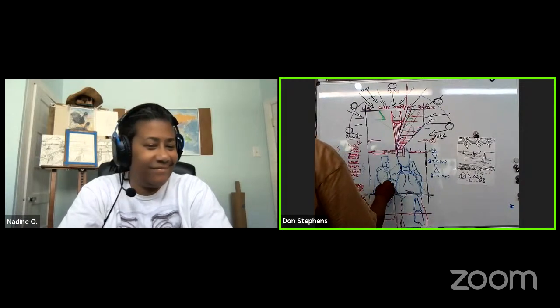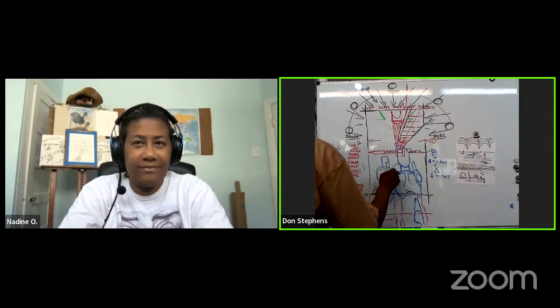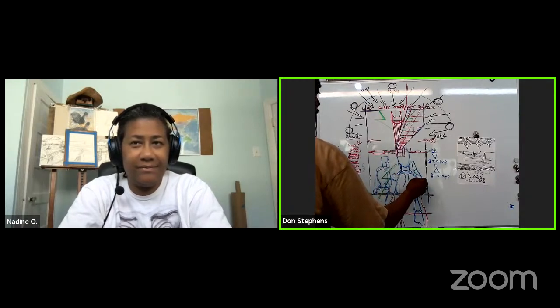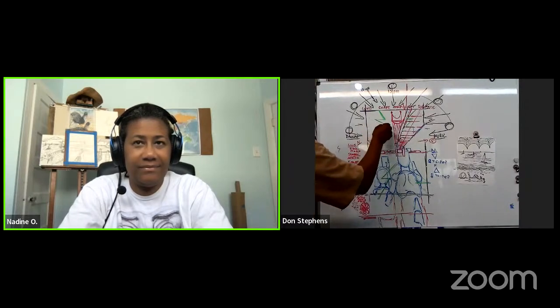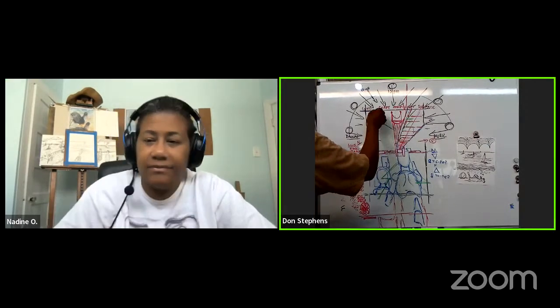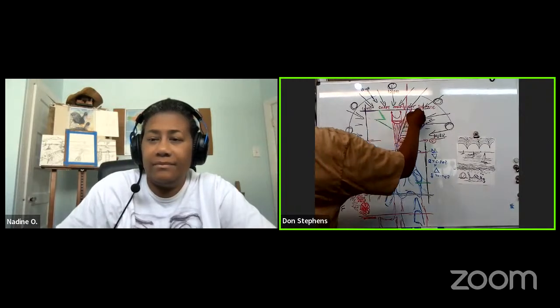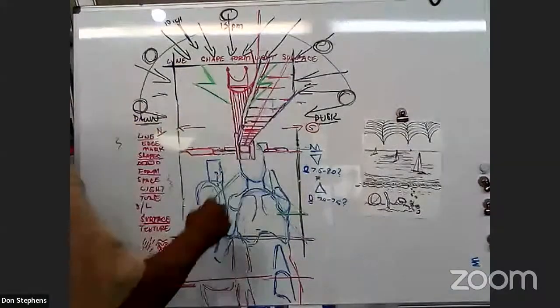If you look at that green, it's alluding towards that idea of everything going into your space. See this arrow here? Hello? Can you hear me? Yeah, I hear you. Okay. Sorry.